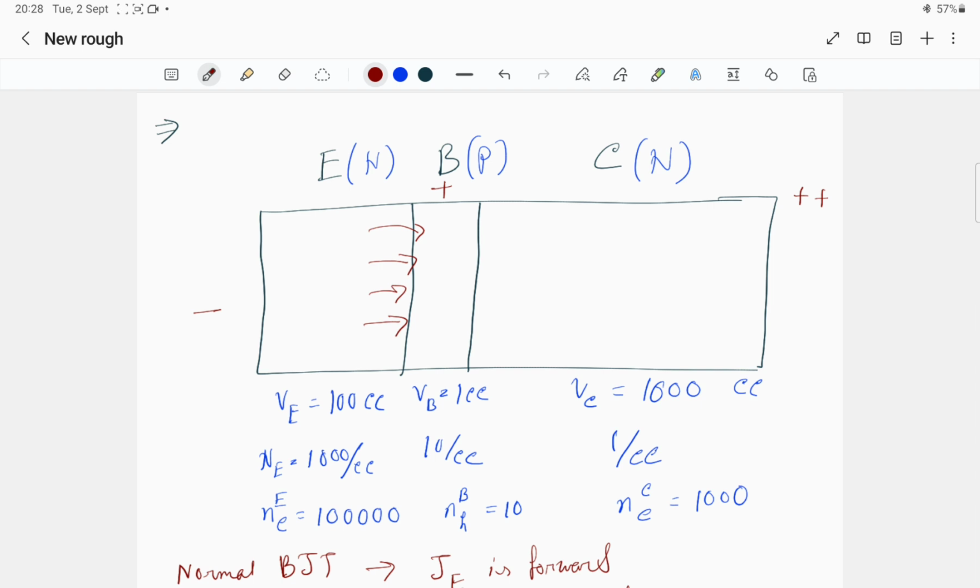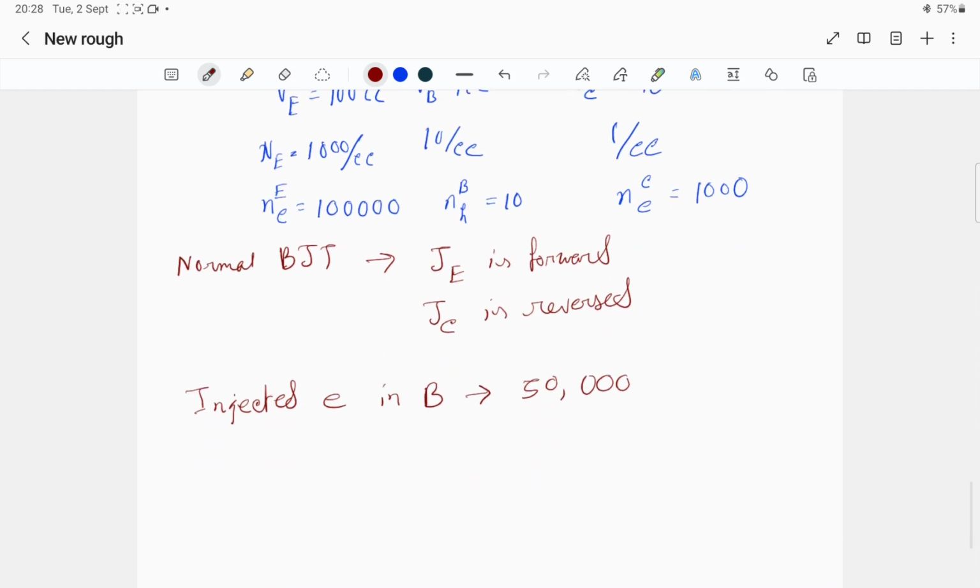So now what will happen? Base has some holes. The number of holes in base is around 10, right? So 10 holes will combine with 10 electrons, and the number of injected electrons will be now less, right? How much will it be?